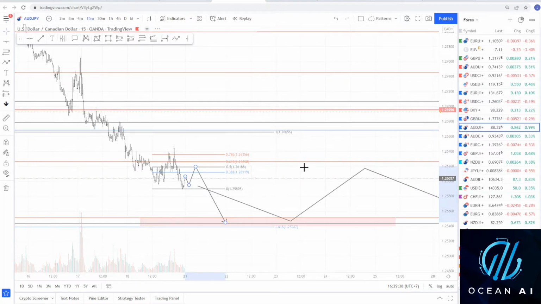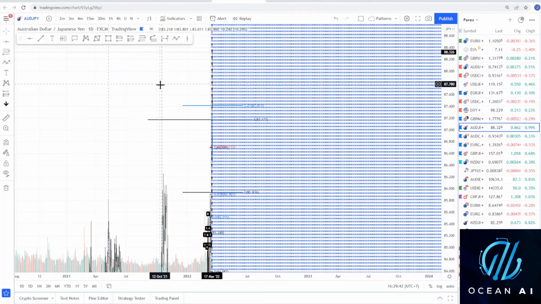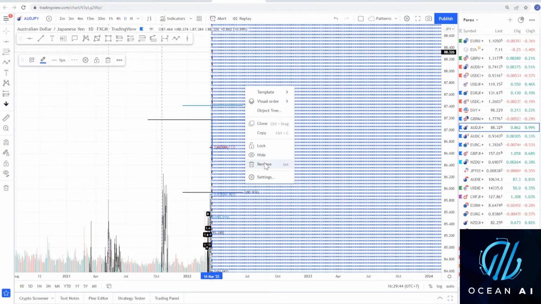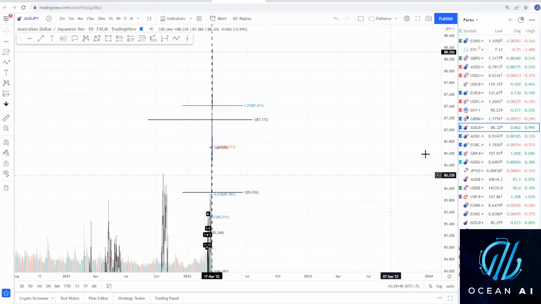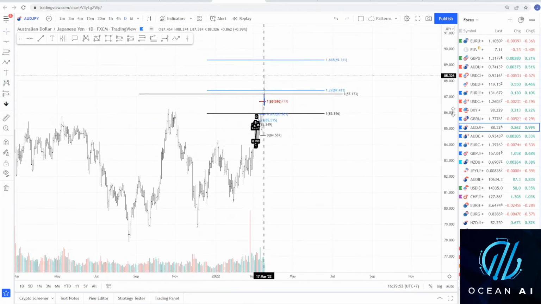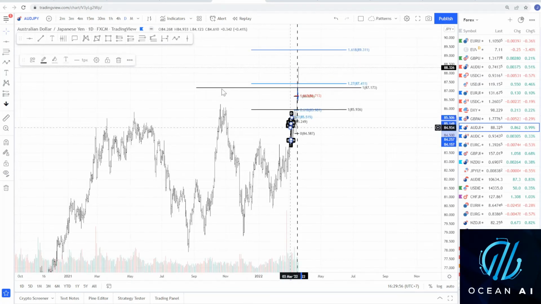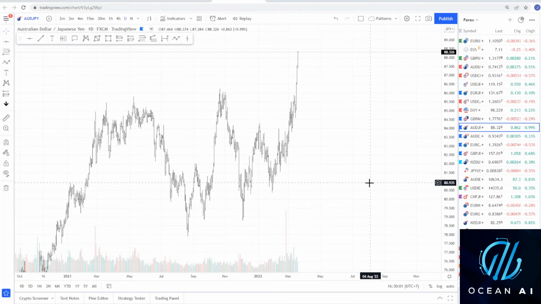The other one I wanted to look at was the AUD Yen here. It's quite good, so let me get rid of everything and start again fresh.